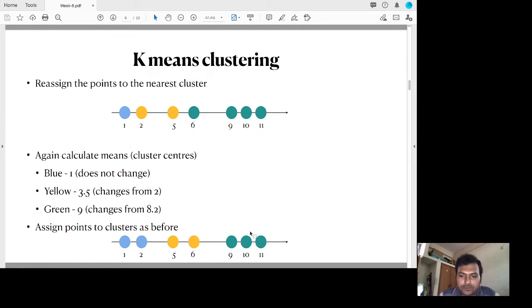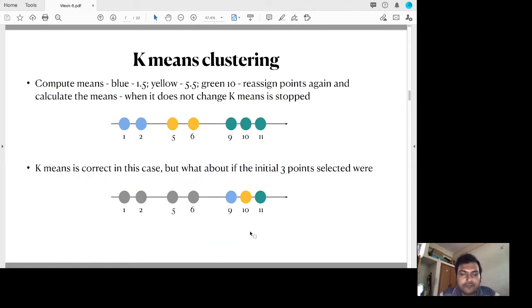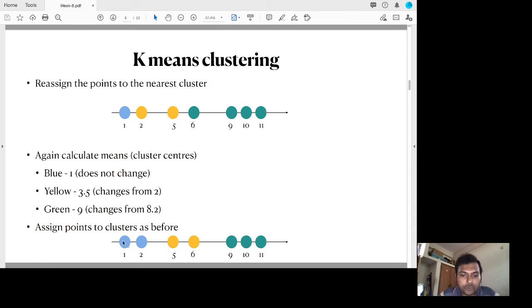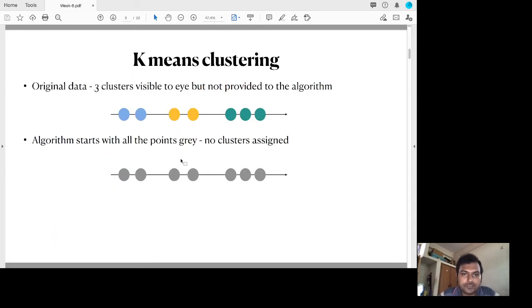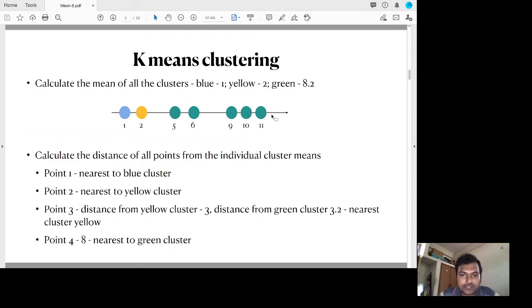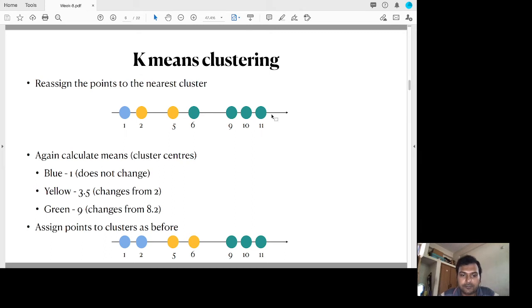So assign points to the cluster as before. In the first diagram itself I had shown that this is the actual clustering, the actual cluster from which the data points had come. So we see that we have already got the correct result.